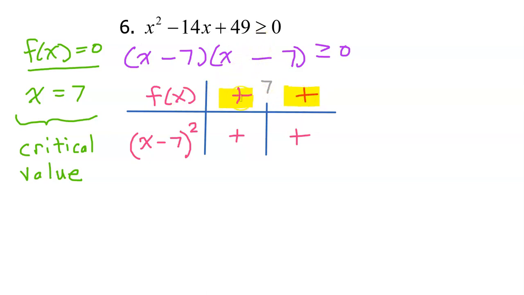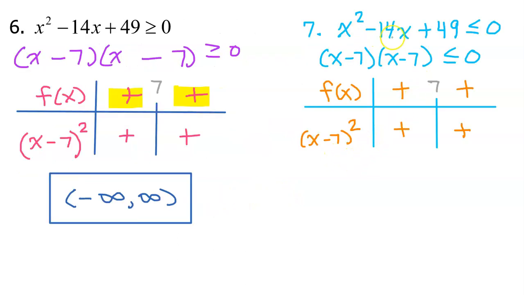And in fact, because we are including both intervals, and we are even including 7, because 7 is where f of x is equal to 0, and we want values where the function is greater than or equal to 0. So really, guess what? The solution set is going to be from negative infinity to positive infinity. Right? We have negative infinity to 7, we have 7 to infinity, and we have 7 itself included. So that's all real numbers.